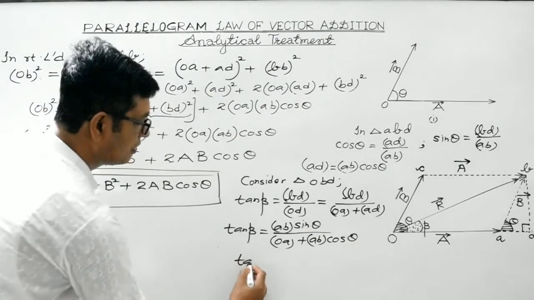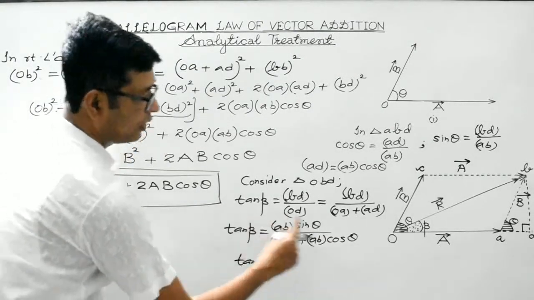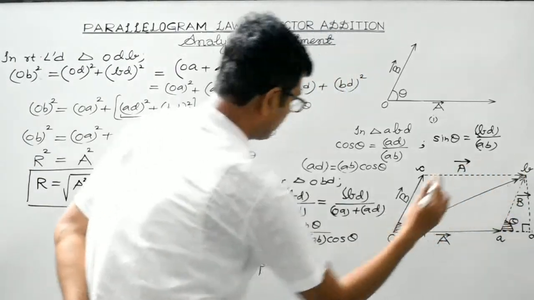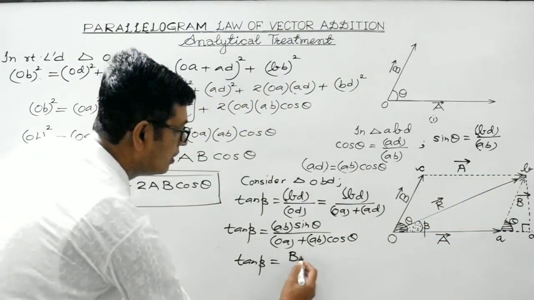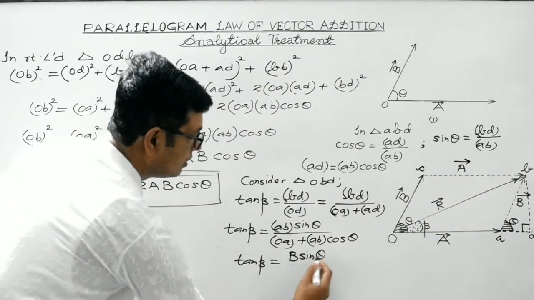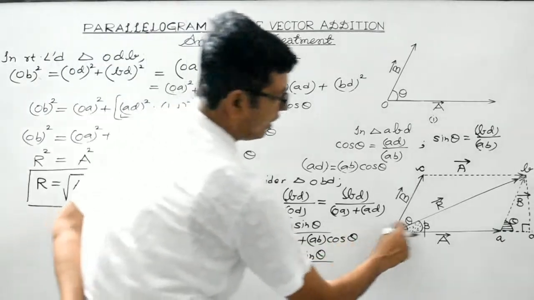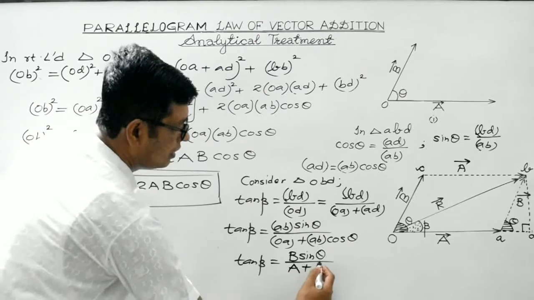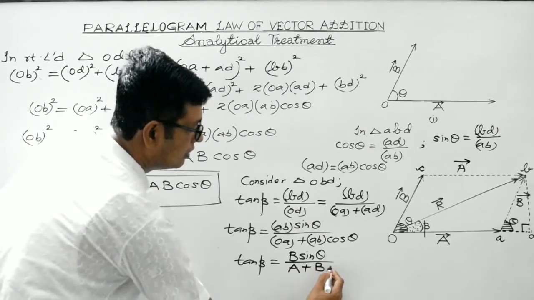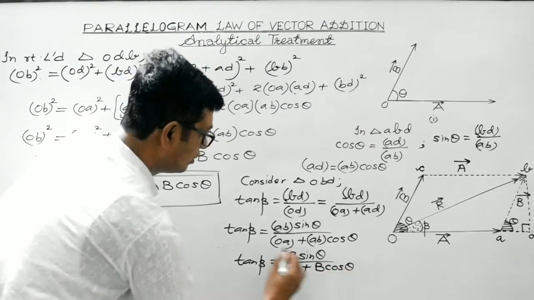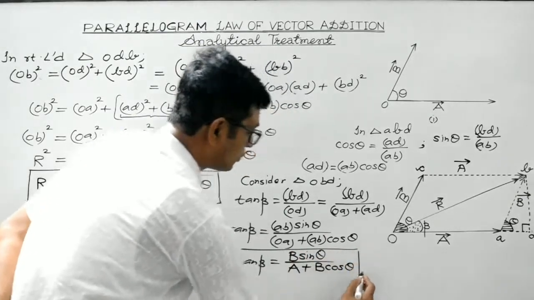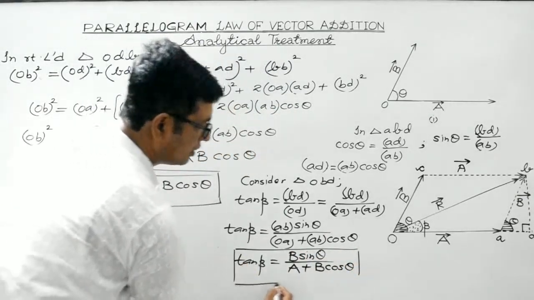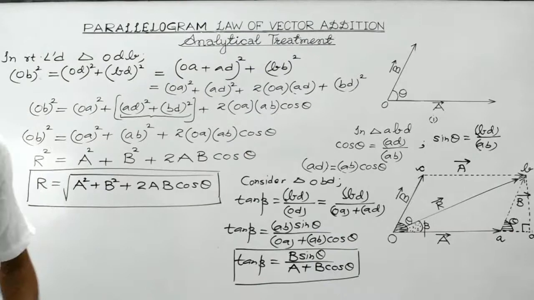So what we get is tan beta is equal to AB, its magnitude is B, sine theta divided by OA, its magnitude is A, plus AB is B cos theta. So this is the expression which will give us the direction of the resultant.